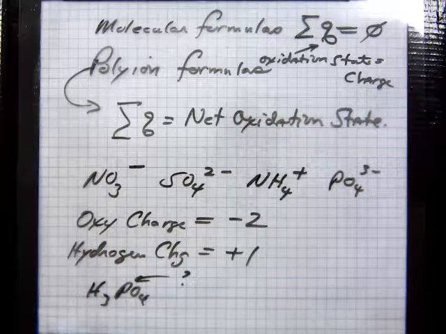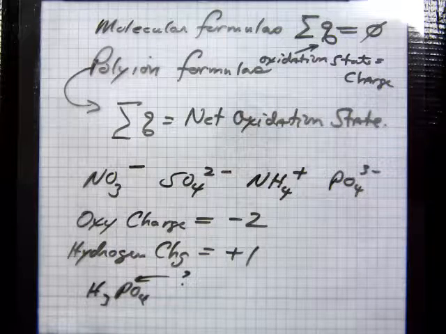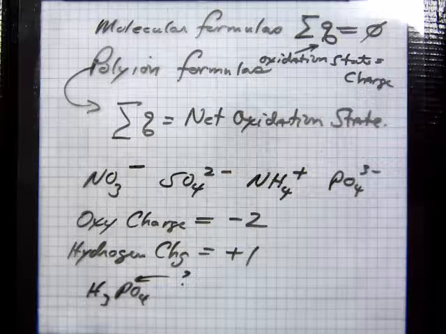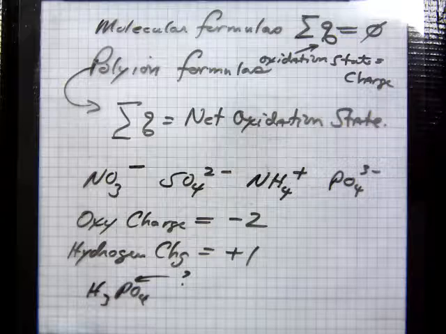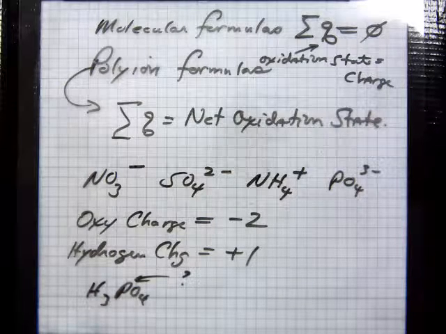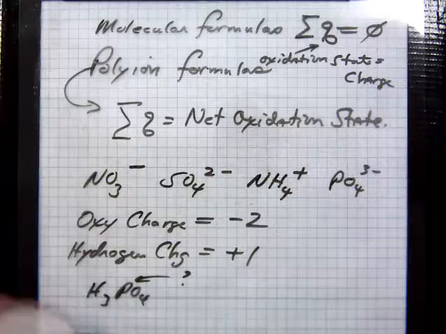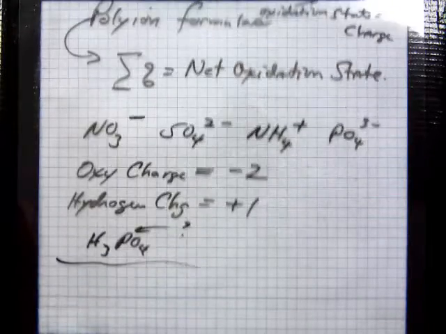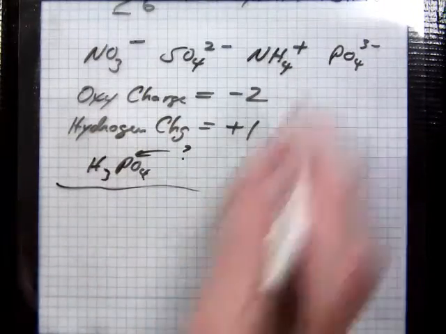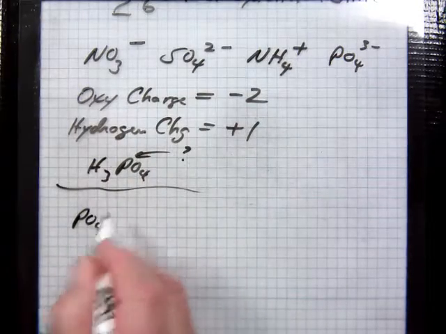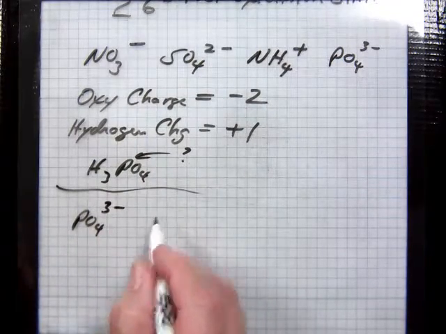For the polyions, which you're going to memorize this weekend, and for Monday's quiz, you'll know what the polyion charge is. Because you're going to do what I say do. Okay, so let's just show you this one. Say phosphorus, PO4, 3 minus. Well, what does that mean?